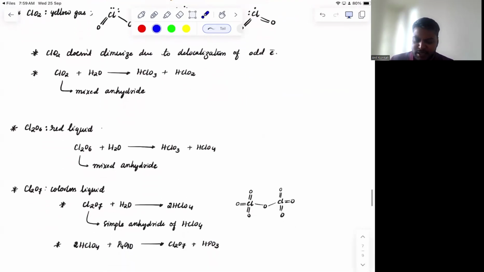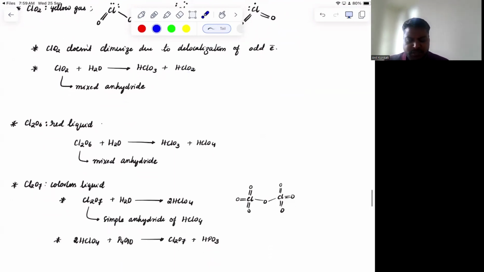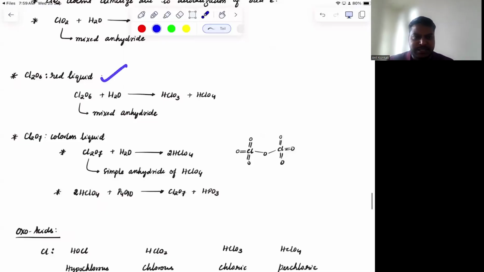Okay. And ClO2 is a mixed oxide. That means when you add it to water, it will become HClO3 and HClO2, mixed oxide. Next is Cl2O6. It is a red color liquid. When you add it to water, it will become HClO3 and HClO4, which makes it also a mixed anhydride.